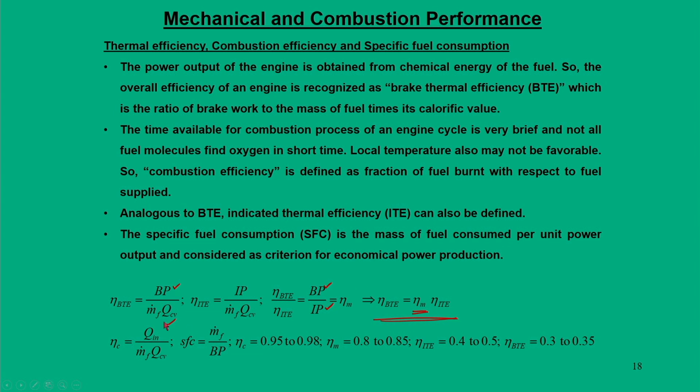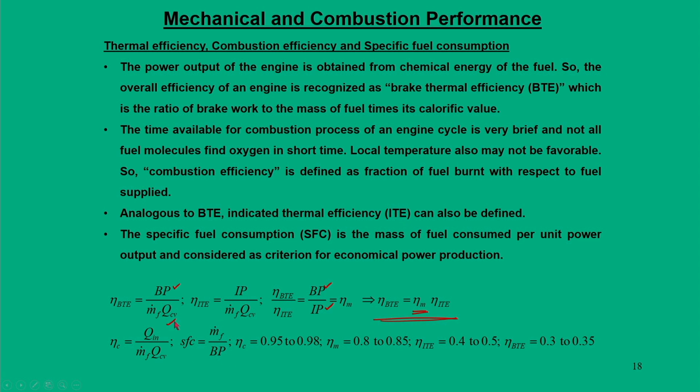Apart from this, the total fuel heating value can be correlated in terms of combustion efficiency, that is eta C. That is nothing but the actual heat going into the engine from the fuel, termed Q in, divided by the total heating value of the fuel. So, this is how we define combustion efficiency. And there is another term called specific fuel consumption.